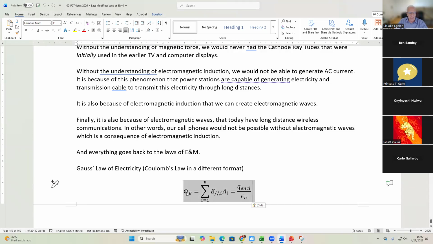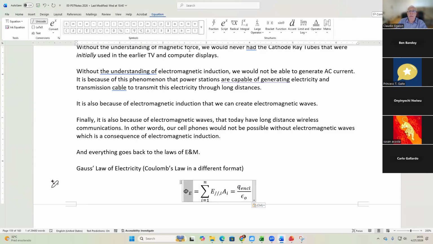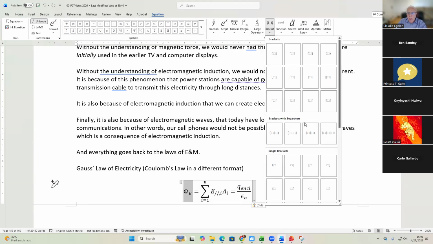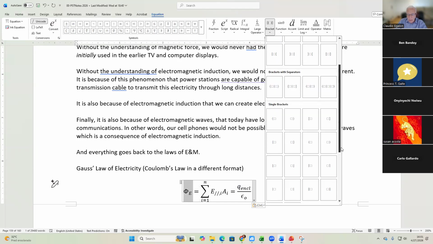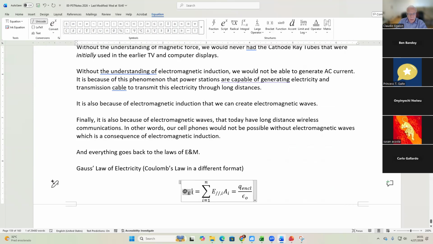The flux of the electric field is equal to the charge enclosed by a given closed surface.